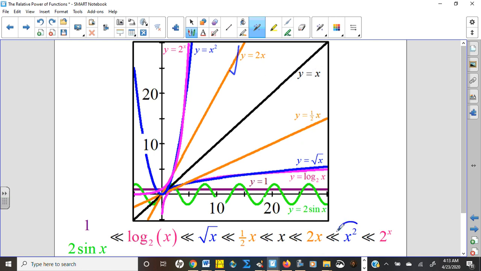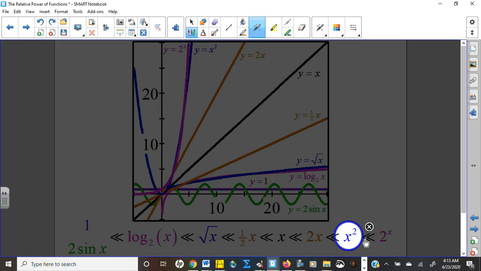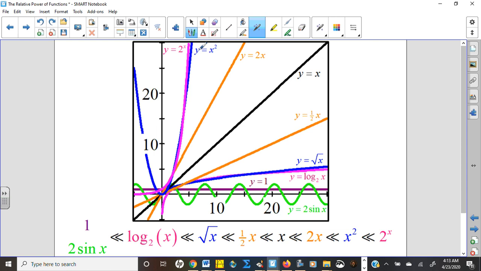But then when I start comparing them to power functions, so I did x squared, and that's going to be much faster growing than y equals 2x, versus root functions, which are weaker. So you can see the root function down here is below 1/2 x.